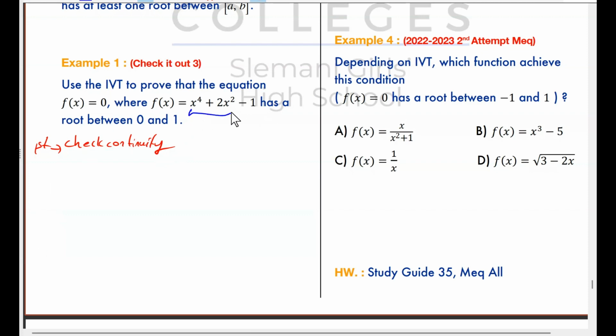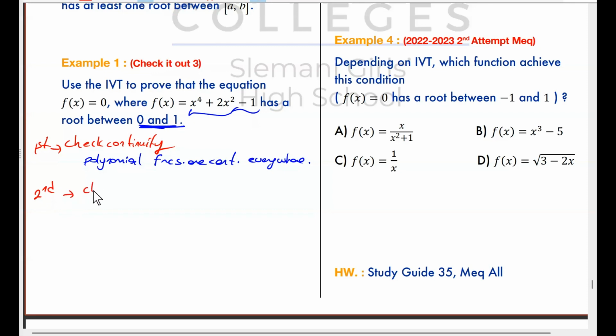The given function is a polynomial. Since we have a polynomial, functions are continuous everywhere. So we are sure that our function is continuous between 0 and 1. Okay, we can continue with the second step.